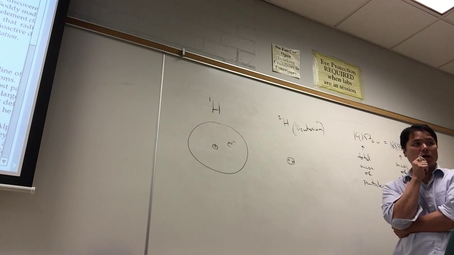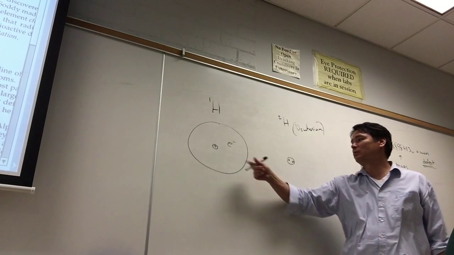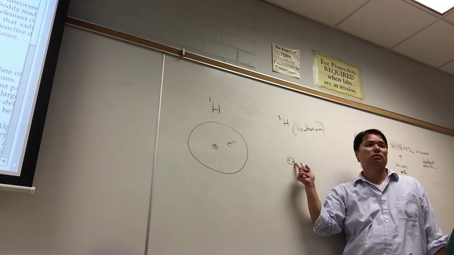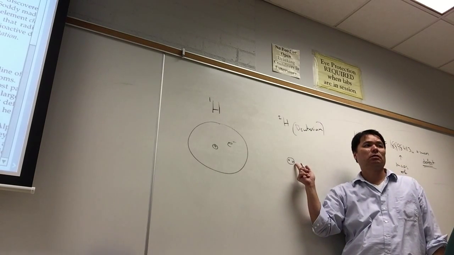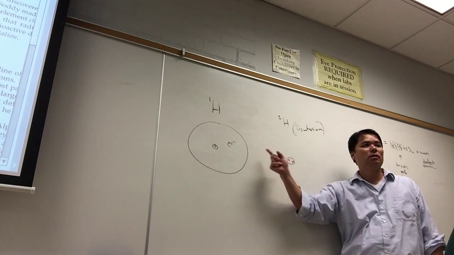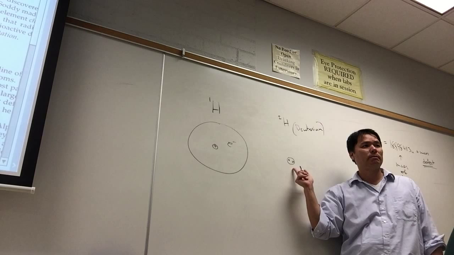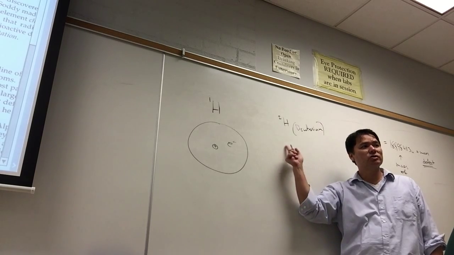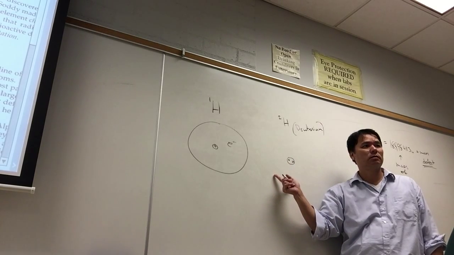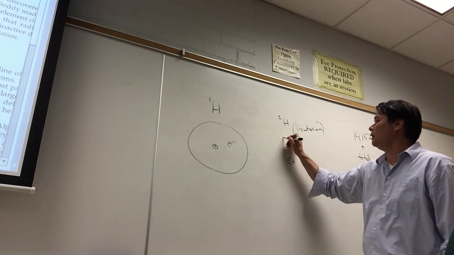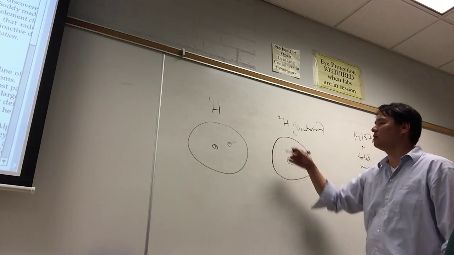Because of the charge of the proton? Did the charge of the proton change here? The charge of the proton didn't change. The proton's still +1. And so, should it be bigger, smaller, or the same size? The same size, except it weighs more.